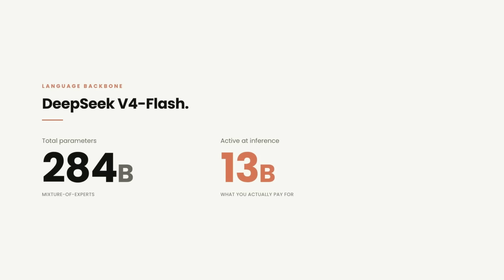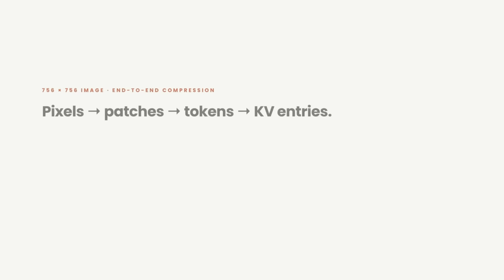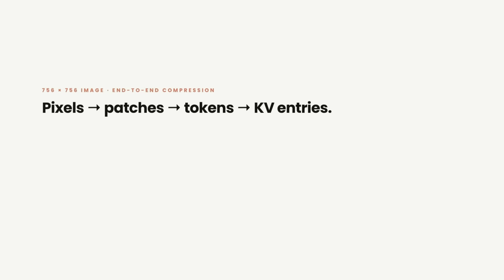They built their own vision transformer from scratch, called the DeepSeek Vision Transformer, that supports arbitrary resolution. It uses 14 by 14 patches. So a 756 by 756 image, you're going to get about 571,000 pixels.